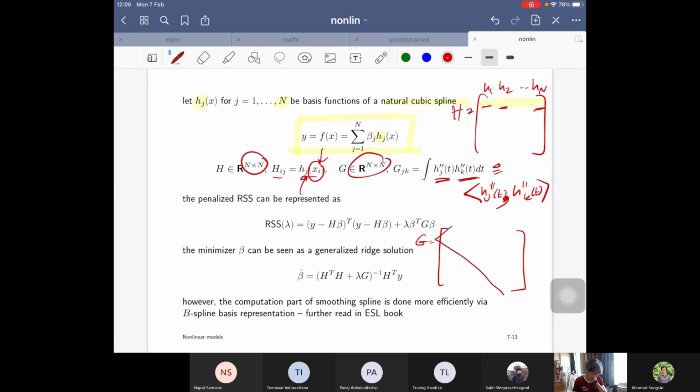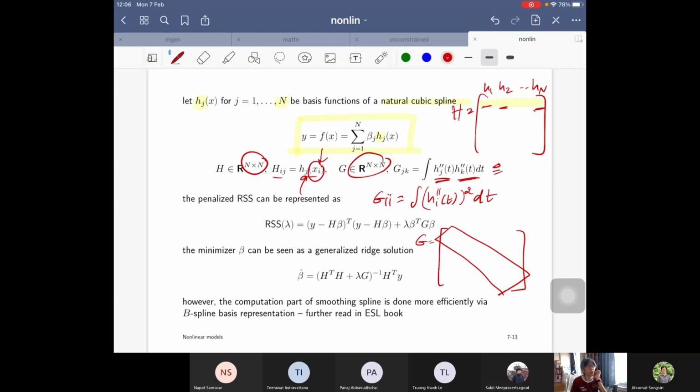If you look at the diagonal, G_ii would be, from the definition, the integral of h_i double prime squared.